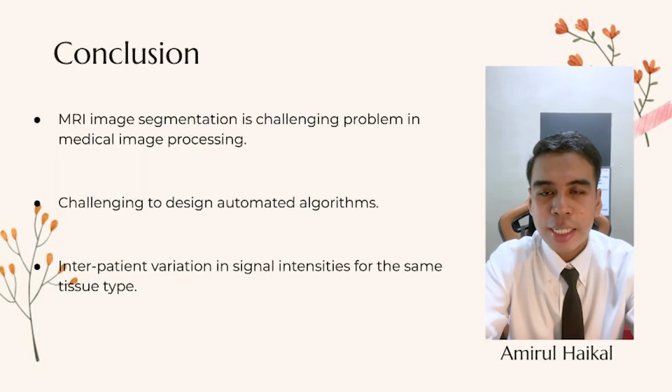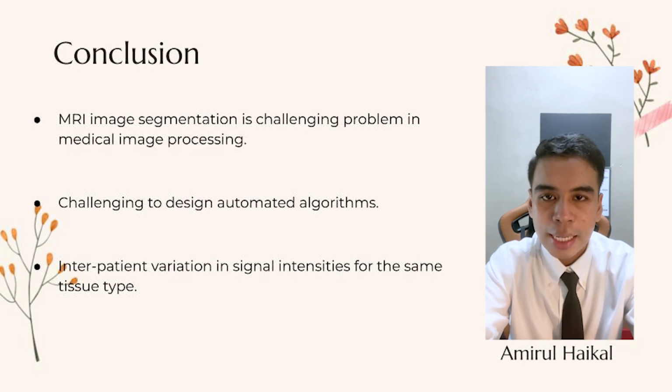Lastly is the conclusion. MRI image segmentation is a significant yet fundamentally challenging problem in medical image processing. In most circumstances, it cannot be resolved using straightforward conventional image processing techniques.